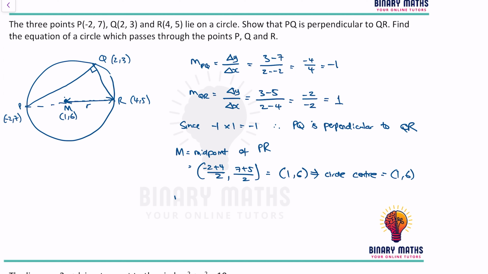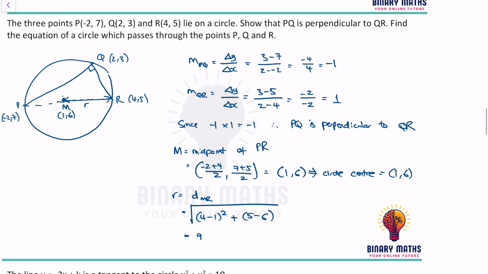So radius is equal to the distance between M and R. So if I do this, it will be the change in x squared plus the change in y squared, which I get 3 squared, which is 9, plus 1 squared, which is 1, which gives you the square root of 10.